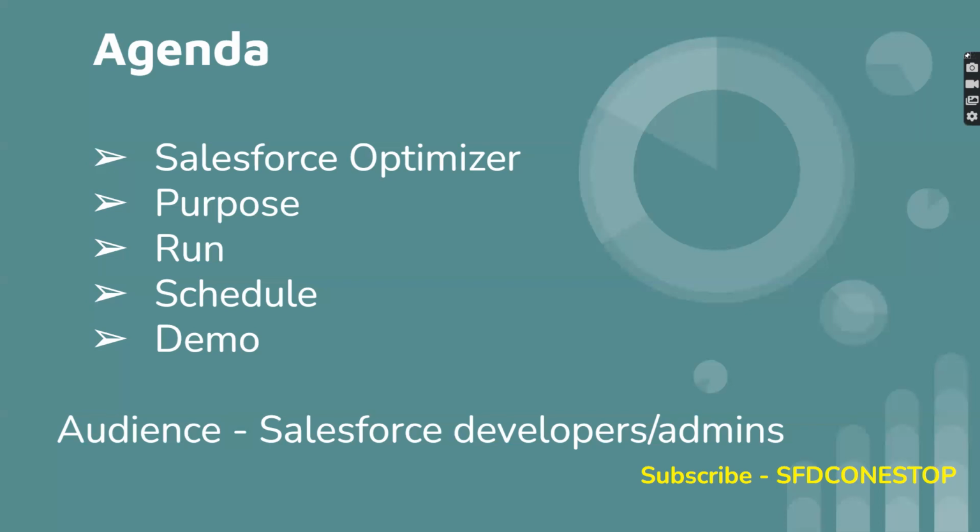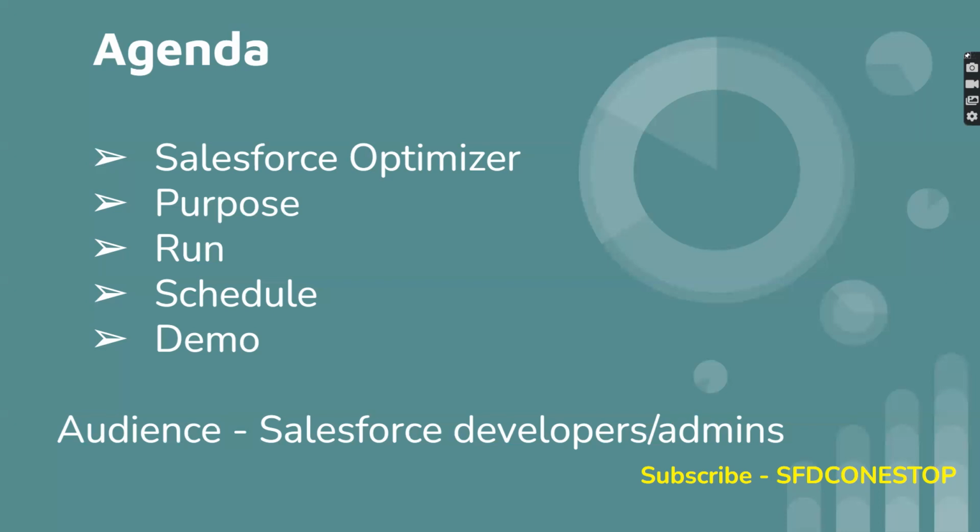Likewise, you have data storage limits. As per the organization's data storage limit, Salesforce Optimizer will help us to know how much data is being utilized. And if we are exceeding the limit of the data storage, Salesforce Optimizer will let us know what is actually required, what recommendations Salesforce Optimizer provides, and how you can try to fix or resolve those issues.